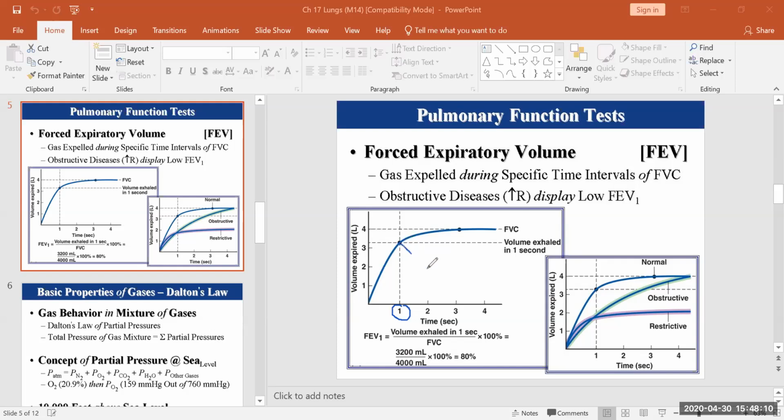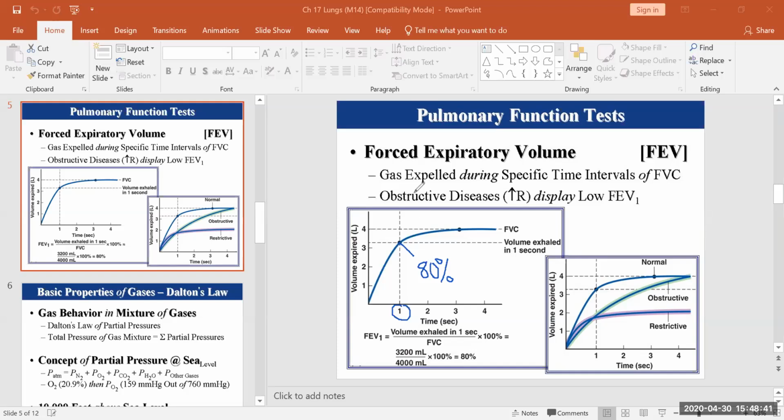This point here is 80% of the amount of air displaced in the first second. When your patient is exhaling, it took only 1 second to breathe out 80% of the available air in the lungs that can be breathed out, if his or her lungs are normal.